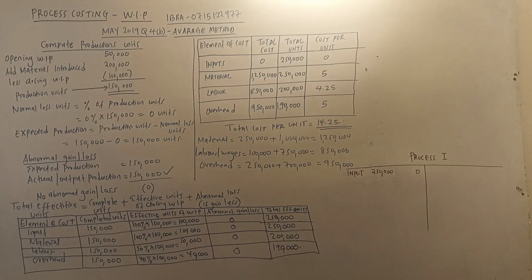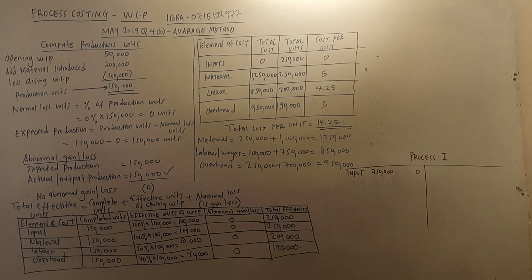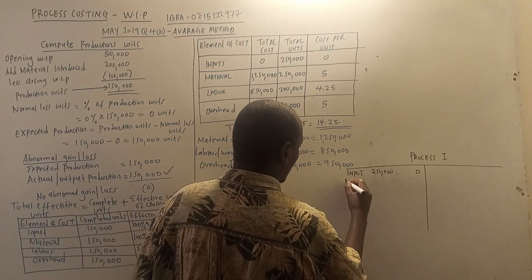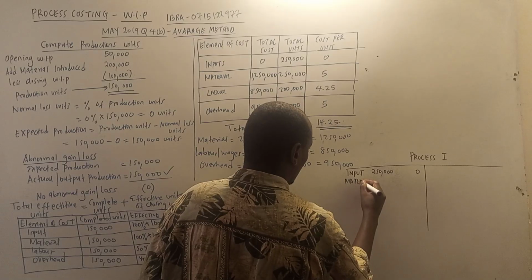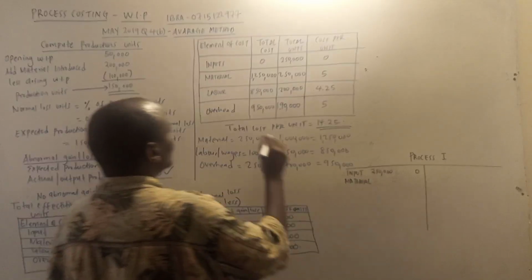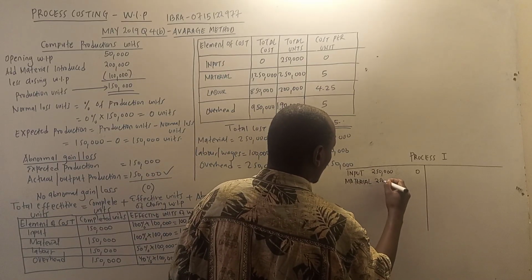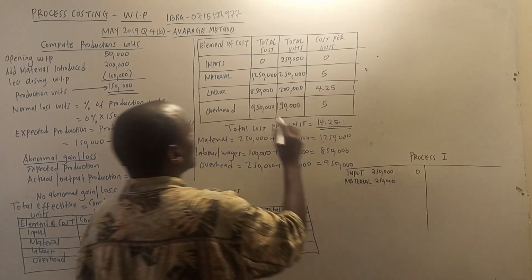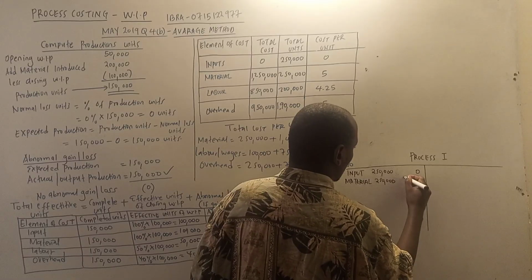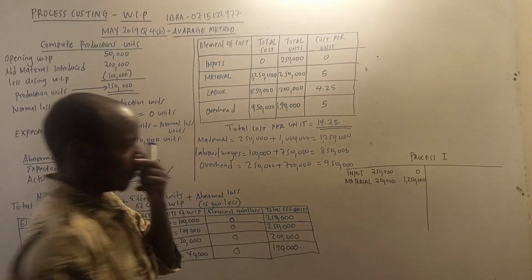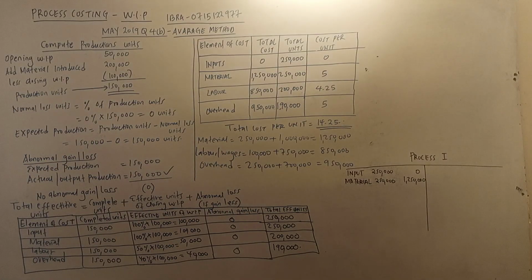So input is 0. Then we have material. Material units are 250,000, and the cost is 1,250,000.